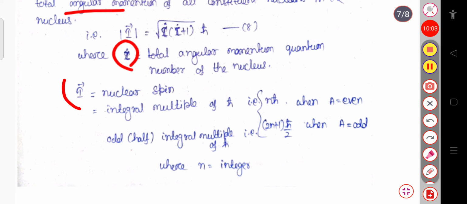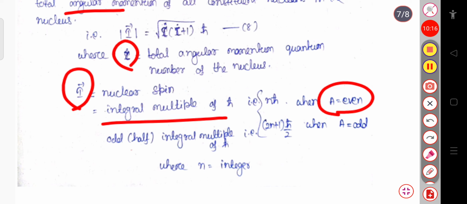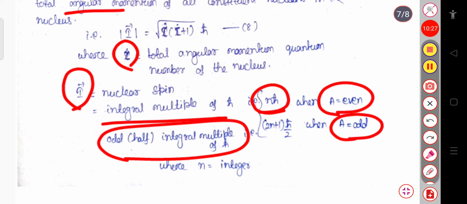This I vector represents the nuclear spin, and its value will be as follows. When the A value is even, the nuclear spin will be an integral multiple of h cut, represented as n h cut, and when the A value is odd, the nuclear spin will be an odd half-integral multiple of h cut, that is (2n plus 1) times h cut by 2.